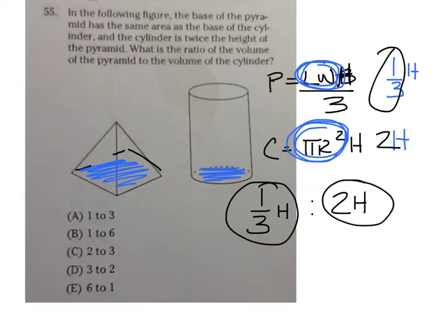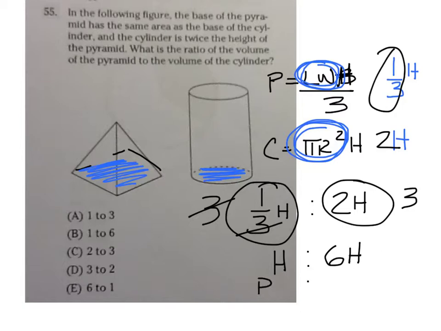What can I do to get rid of that 1/3? If I want to get rid of a fraction, I multiply through by the denominator. So if I multiply this by 3 and this by 3, that 1/3 is going to cancel out, and you just have h. Over here I would have 6h.